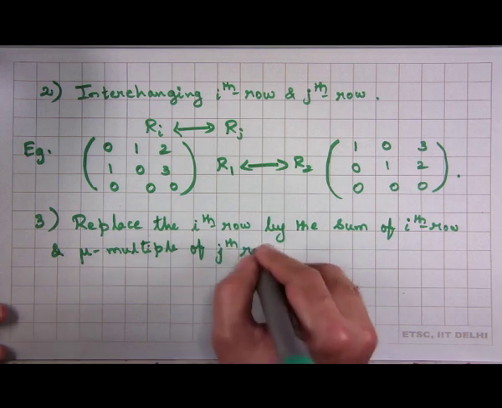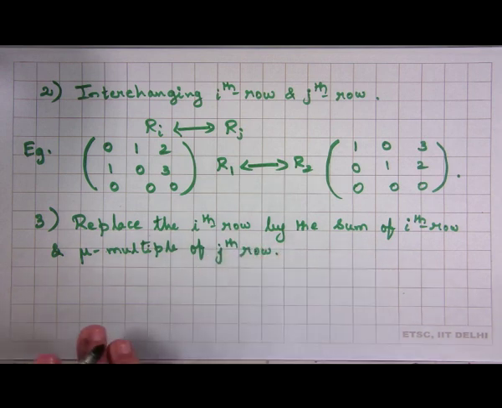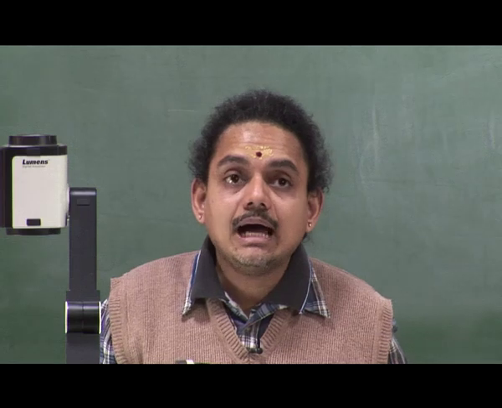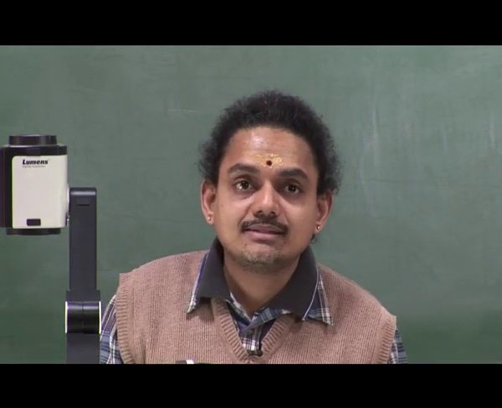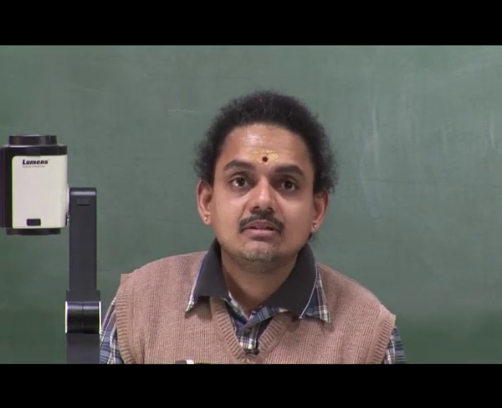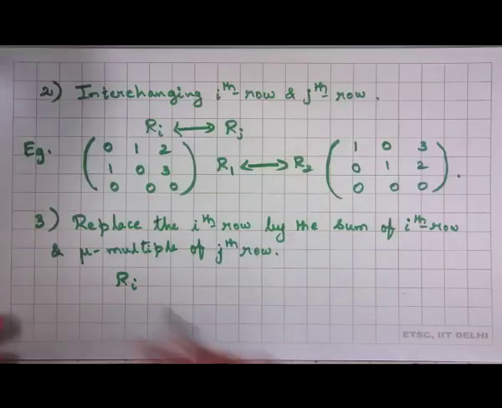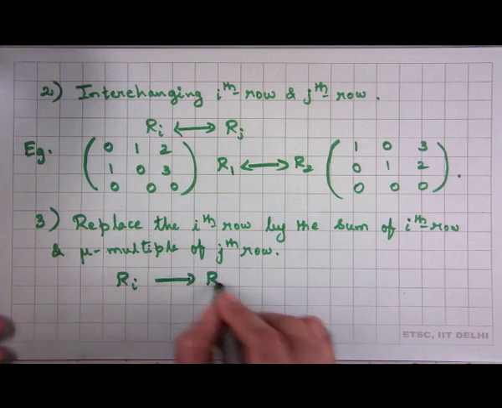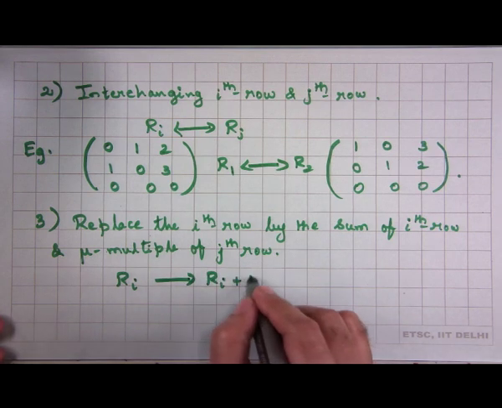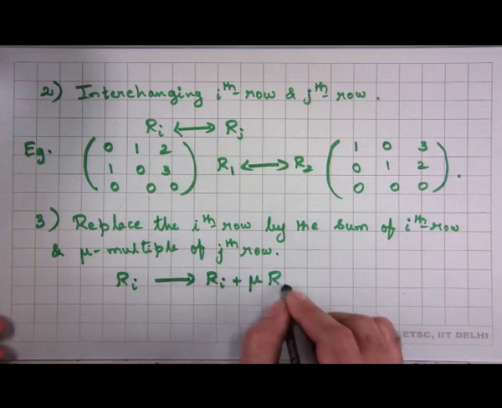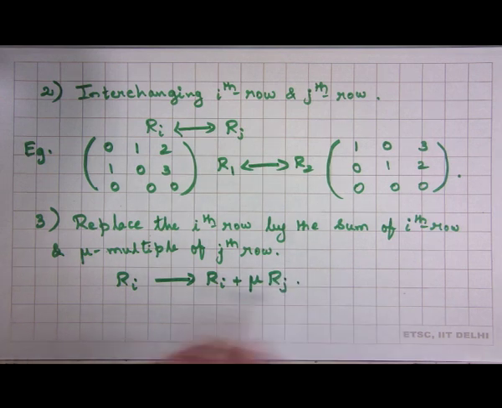You are replacing the ith row by Ri, the ith row, plus a scalar times the jth row. So, we are replacing the ith row by Ri plus the scalar mu times Rj. This is what we have. So, let us do an example for this.